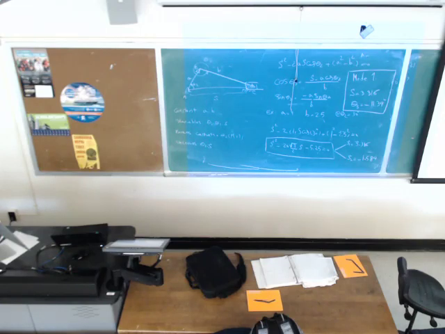If you want to deal with the positive angle, it is going to be 360 minus this, so 360 minus 11.34, which is 348.66.